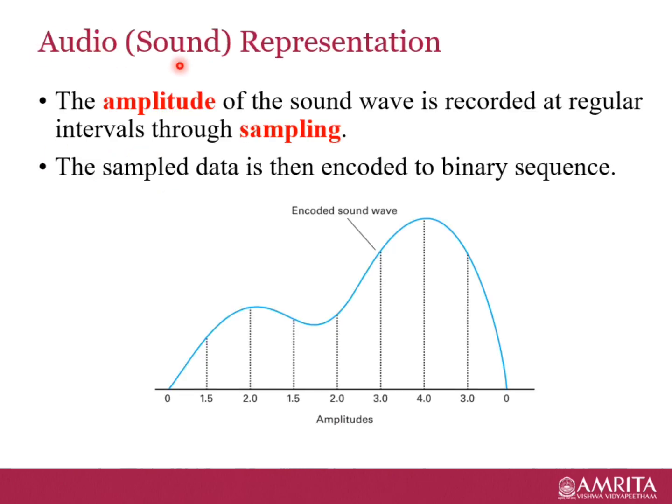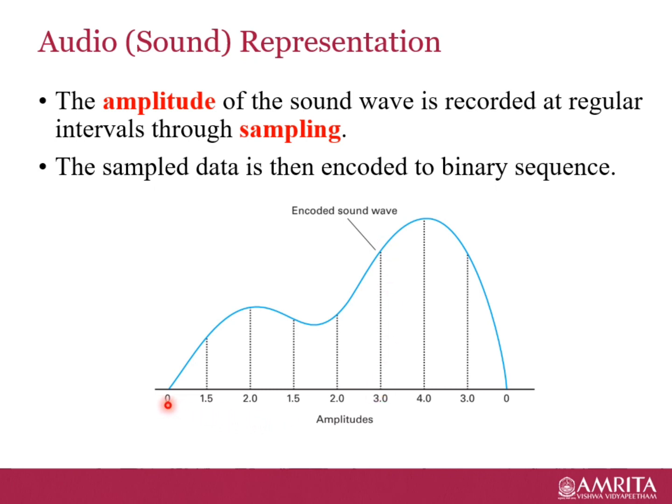We can now discuss how the audio or the sound data is represented into its binary equivalent. Sound is analog data which has to be digitized in order to store it inside a digital computer. For digitizing, we use a technique called sampling, where the amplitude of the sound wave is recorded at regular intervals.